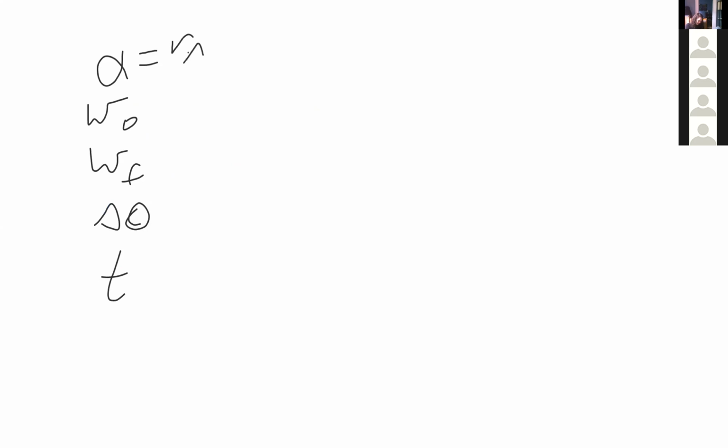So the kinematics problem will have our alpha, omega initial, omega final, delta theta, and time. The alpha will come from that r sub, what did it end up being? R sub A on r sub C times alpha sub A. Our omega initial, since we start from rest, is going to be 0.